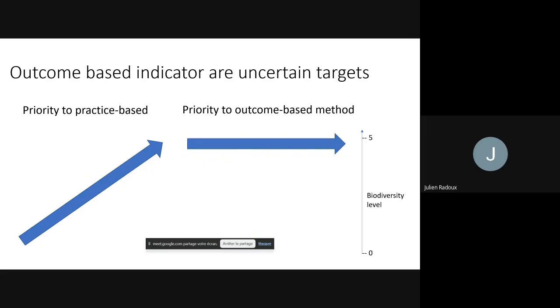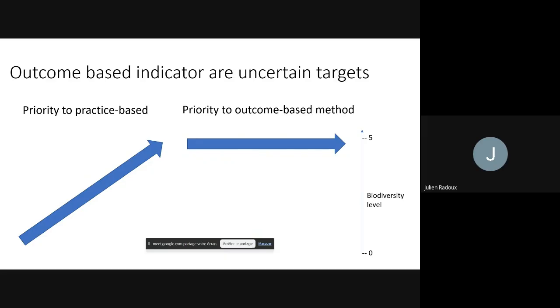The hierarchy of the two, for me, is very important. Usually, when you have a low level of biodiversity, you start with a practice-based biodiversity uplift assessment, because the outcomes are not immediate, and you might also have negative outcomes at first before being able to recover.